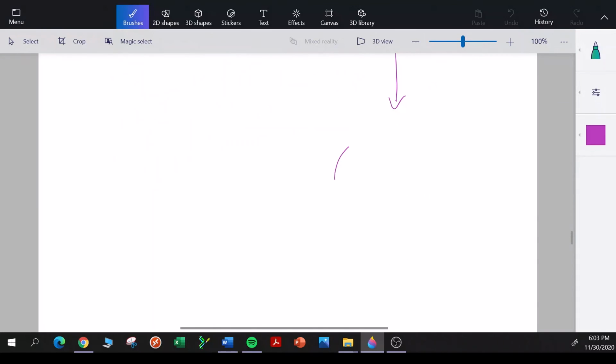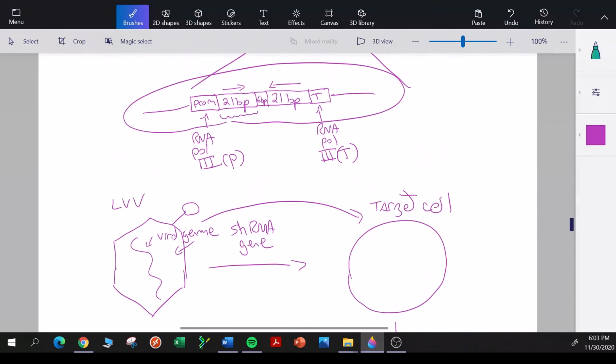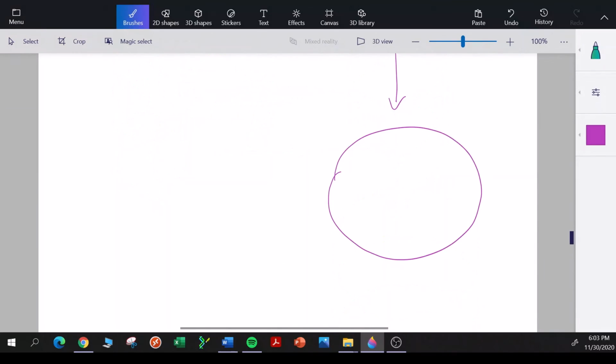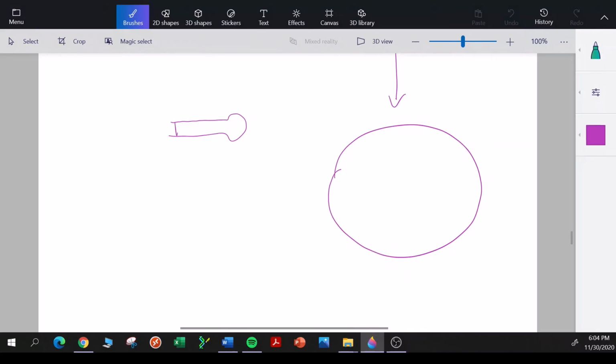And then in that cell, the short hairpin RNA encoding gene will be incorporated into the genome. And so when this is transcribed in the cell, we get something that looks like this. A short hairpin RNA with a 6 base pair loop.